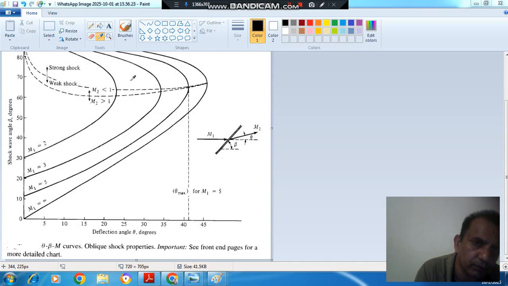So here suppose we have this point, and if we go on increasing the Mach number, suppose we are at this point or at this point, first it will be detached because theta is greater than theta max, and then it will become attached. That is the reverse of the first point.